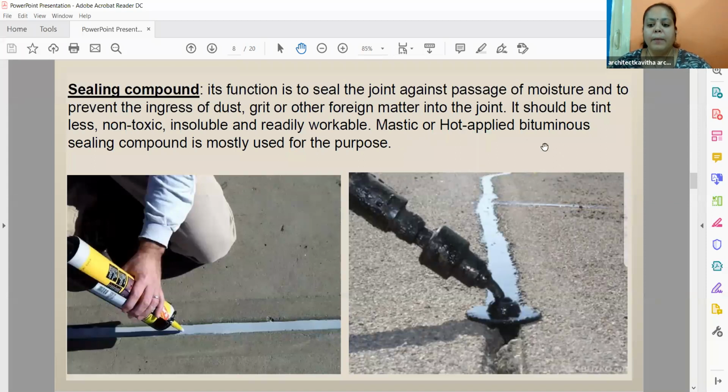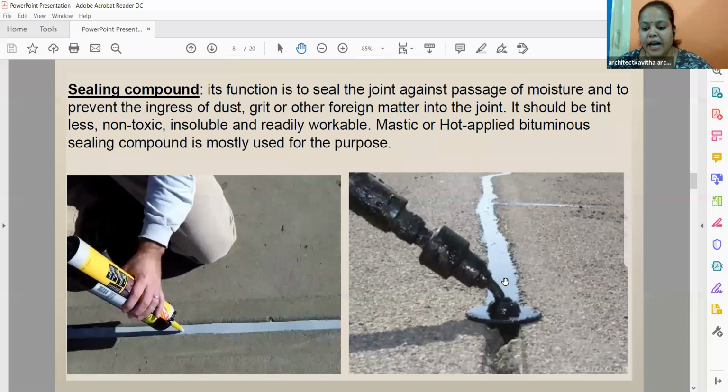Mastic or hot applied bituminous sealing compound is mostly used for the purpose. Hot applied bituminous sealing is nothing but the tar you use on the roads. That tar can be melted and filled in this gap. Tar is also a compressible material.